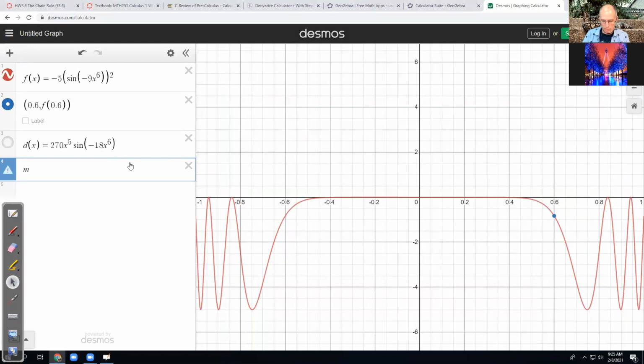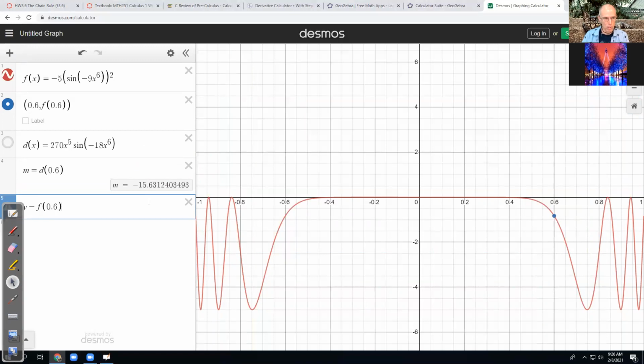So I'm going to say m, my slope at that point is the derivative, plug in 0.6. Negative slope, that's good. That's definitely a negative slope there. And so then the tangent line should be y minus f of 0.6, right?